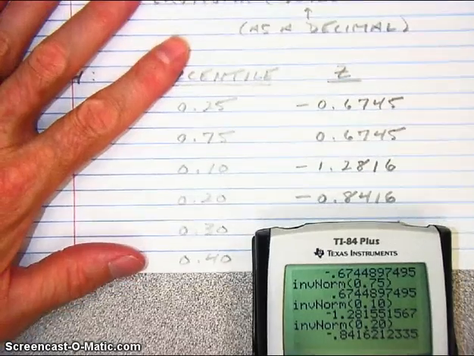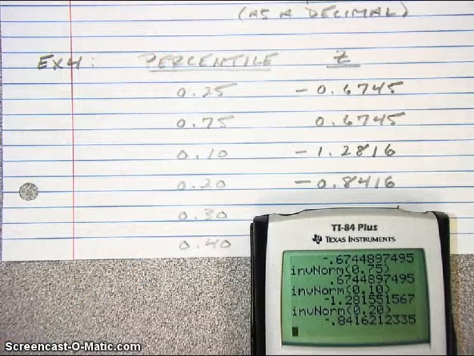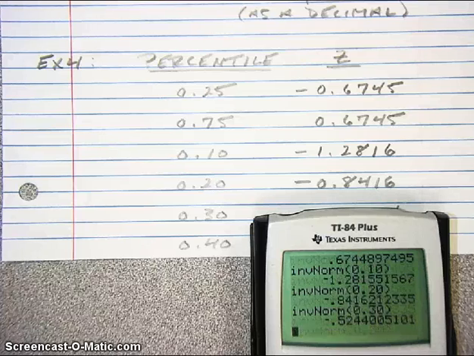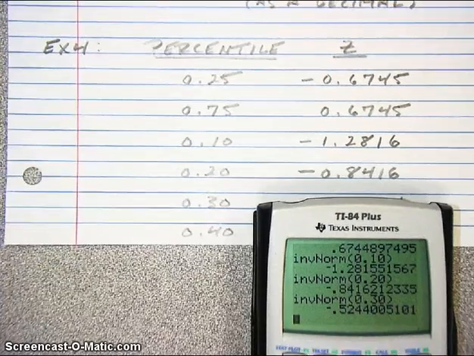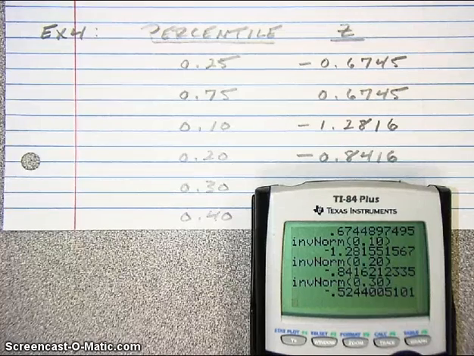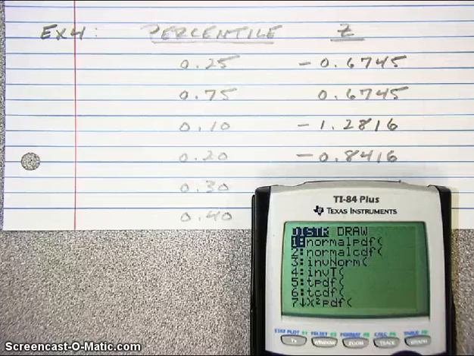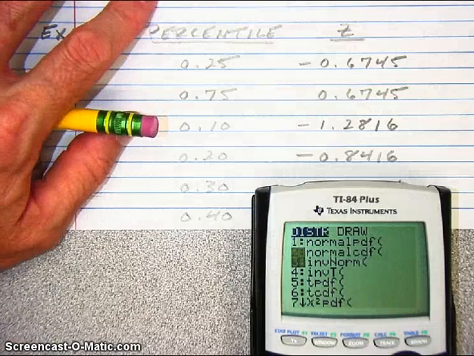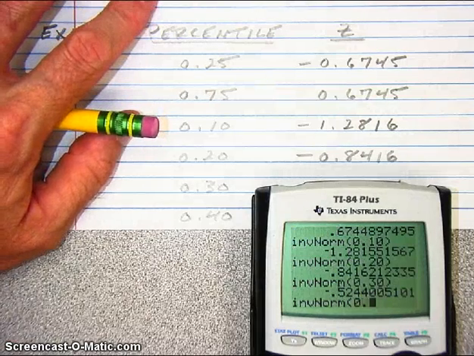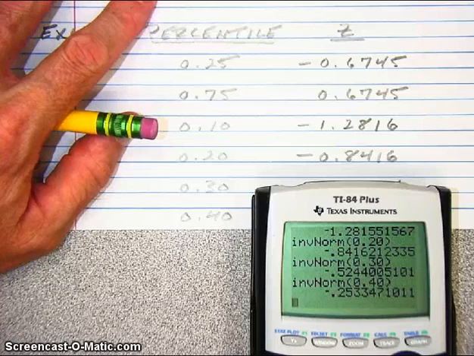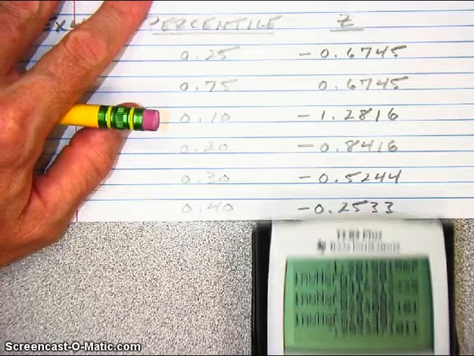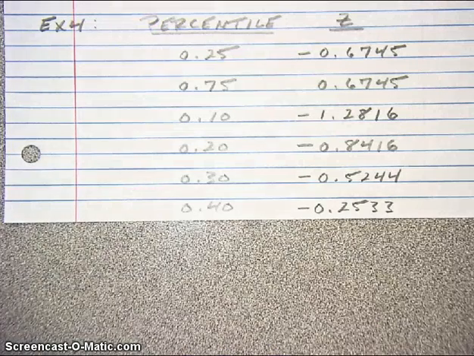And then if you want the 30th percentile, do the same thing. Recall that command, overwrite the 2 with a 3. Press enter, you get negative 0.5244. And then if you want the 40th percentile, second vars 3, .40, and negative 0.2533 is the z-score that corresponds to that percentile.